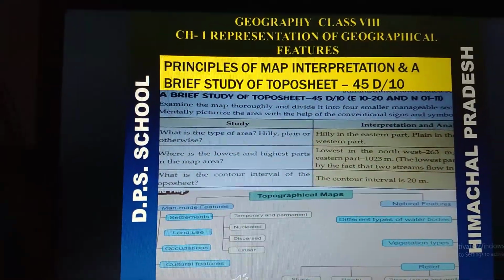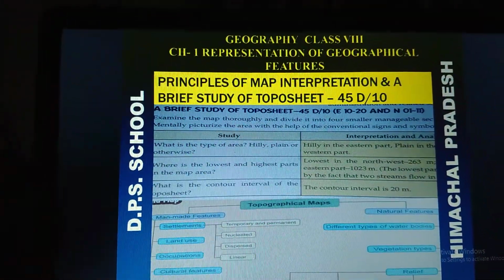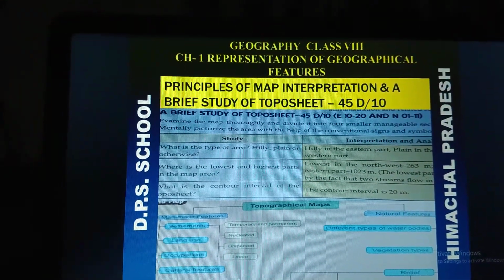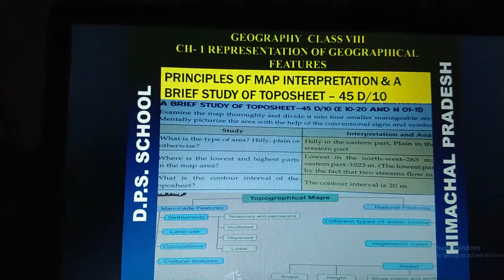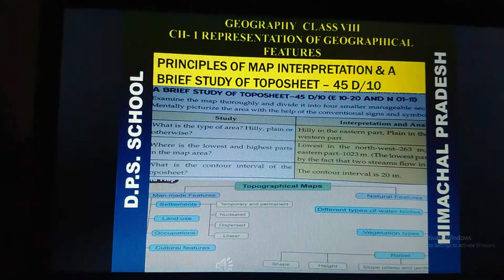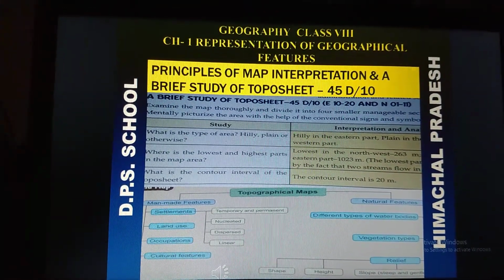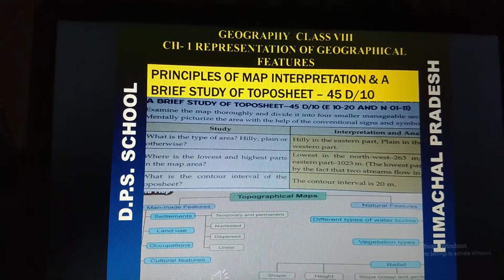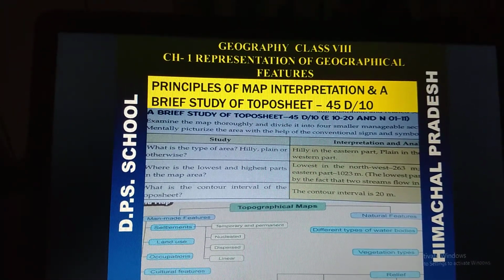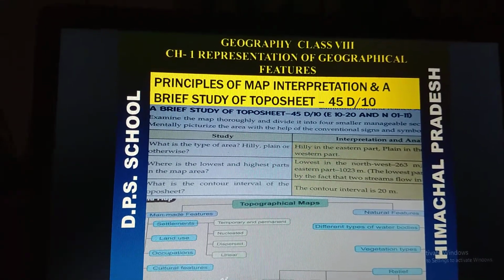Now my dear children, please pay attention to a brief study of the topo sheet. How can we roughly divide the topo sheet into different types of smaller manageable sections or quarters? Let us see through this beautiful picture, which is given of each and every area with the help of the conventional signs and symbols.